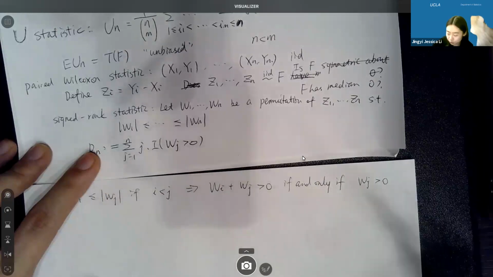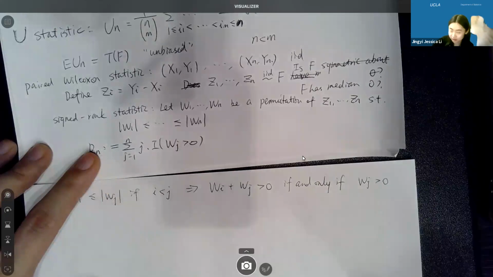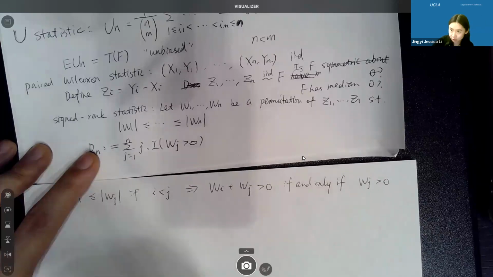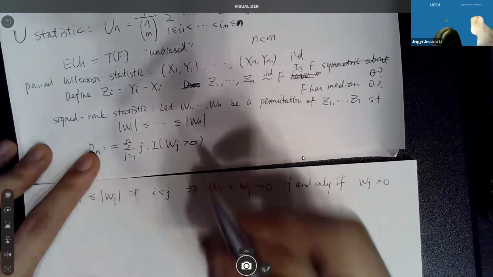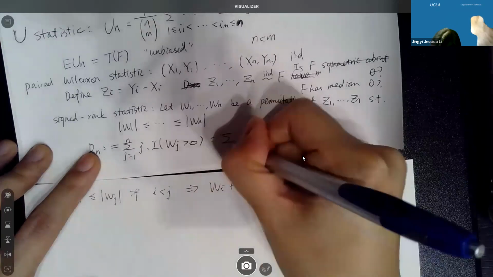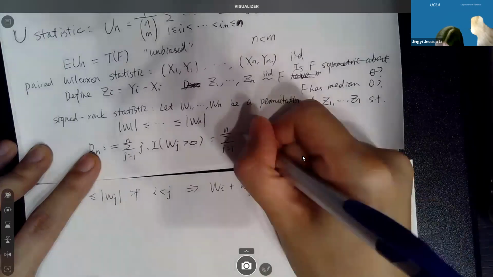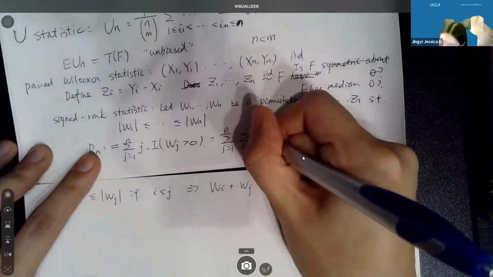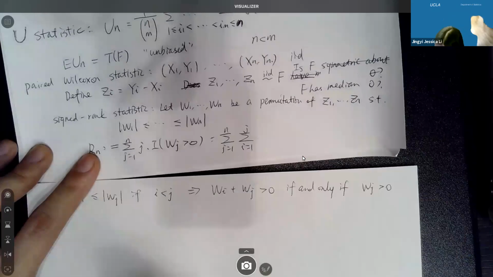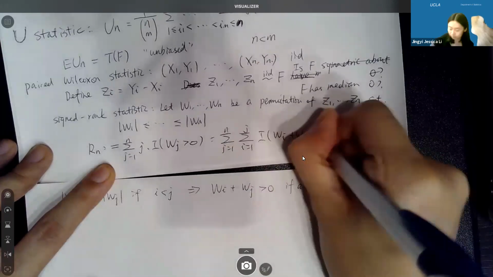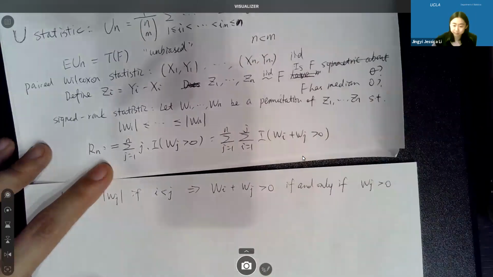And also W2 plus Wj greater than 0 is equivalent to Wj greater than 0. And finally, Wj plus Wj greater than 0 is equivalent to Wj greater than 0. So therefore, in the summation, I let i go from 1 to j, and I change this to the indicator Wi plus Wj greater than 0.